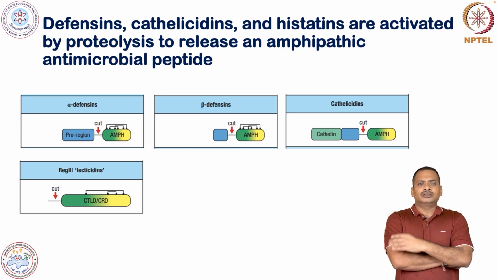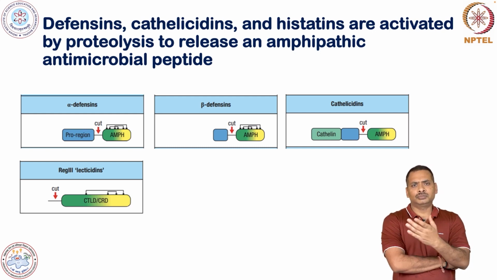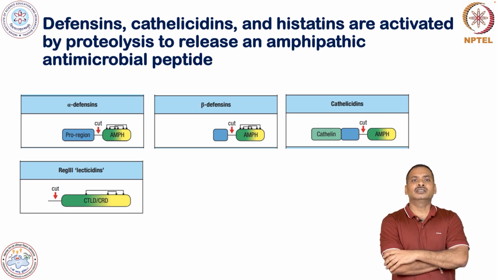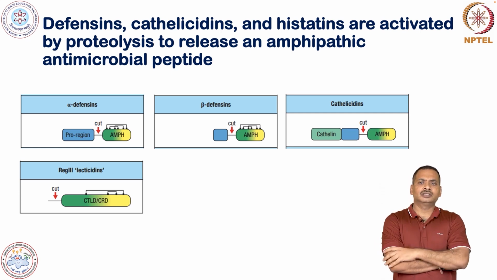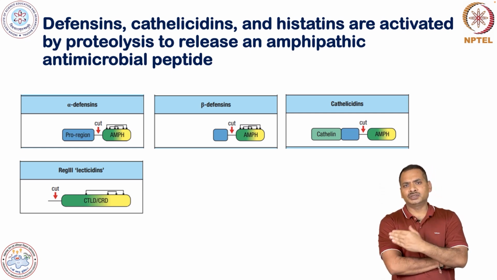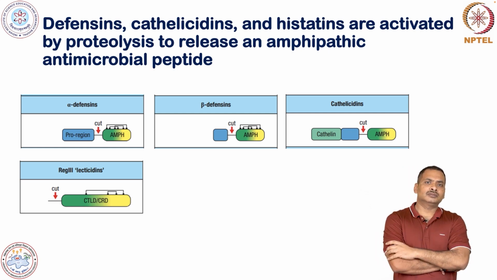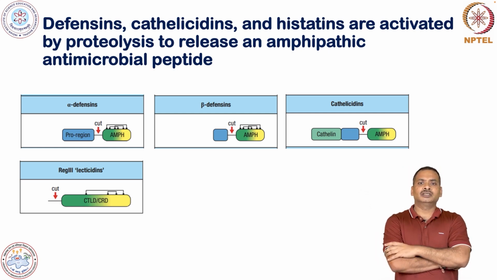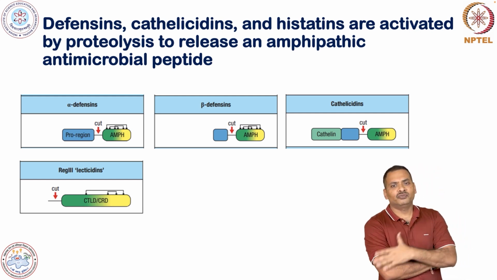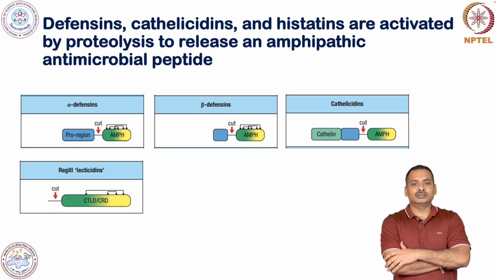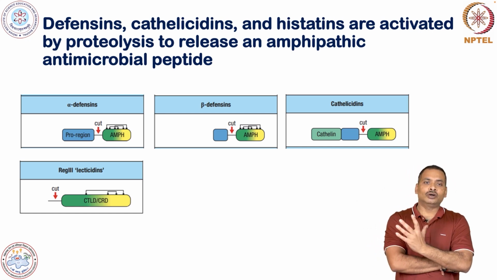So there are various proteins like defensin, cathelicidin, histatin, and basically all these proteins are produced in inactive form, in pro form. Upon activation they generate amphipathic antimicrobial peptides, which have both a polar and a non-polar region.